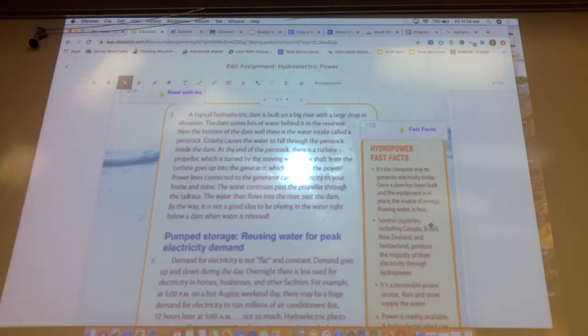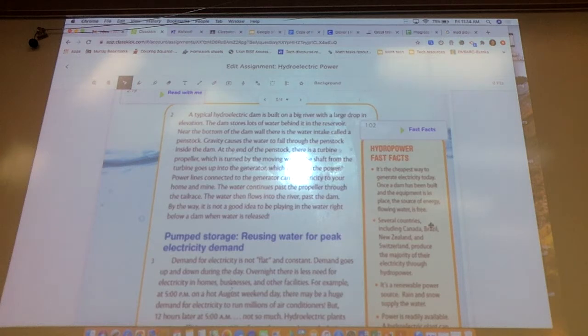But 12 hours later at 5 a.m., not so much. Hydroelectric plants are more efficient at providing for peak power demands during short periods than are fossil fuel and nuclear power plants.